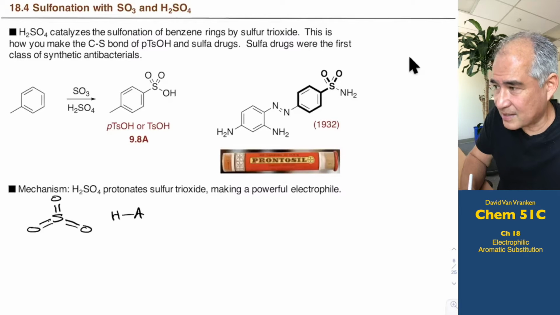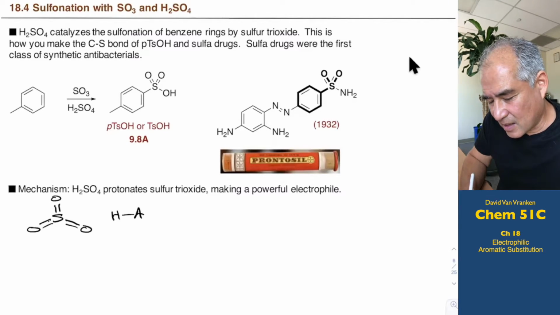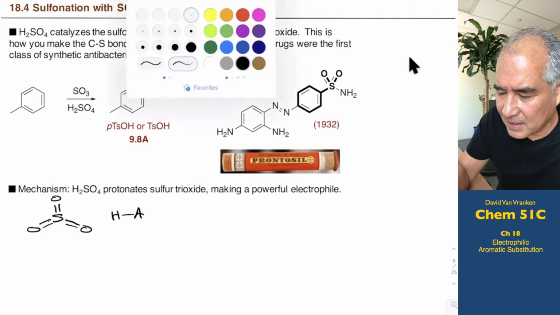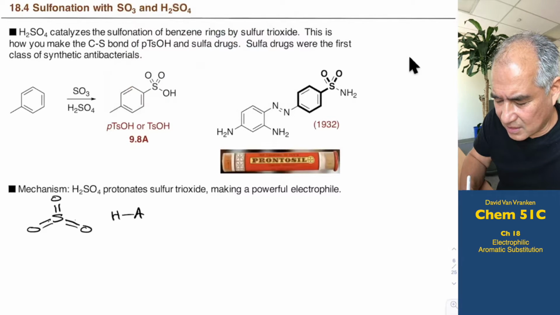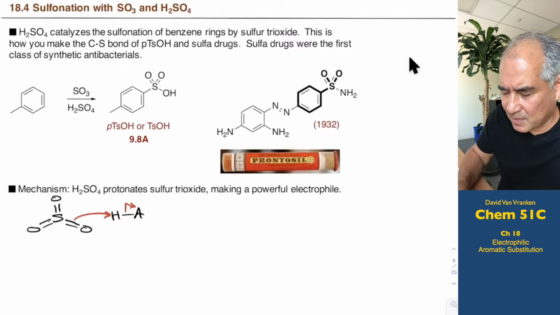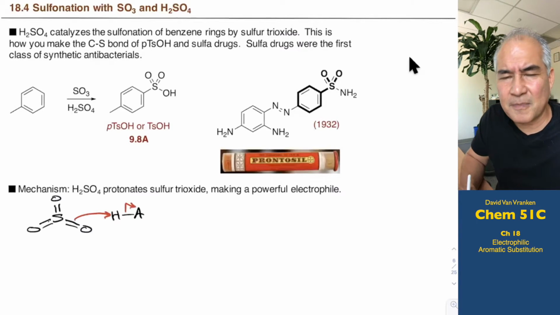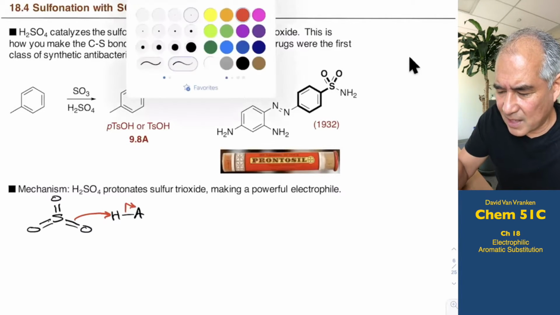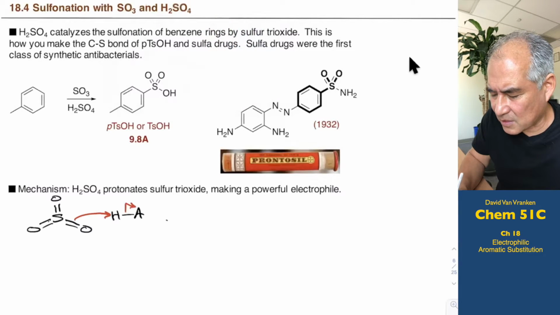And we're going to protonate this sulfur trioxide. Now I could draw it starting from the oxygen atom lone pairs. That would make a lot of sense, but I think I'm going to choose in this particular case to depict this by using the double bond to pick up that proton and make an OH bond. The reason I wanted to depict it this way, instead of sticking the proton right on an oxygen lone pair, is because I just want to emphasize that this makes the sulfur more electrophilic.